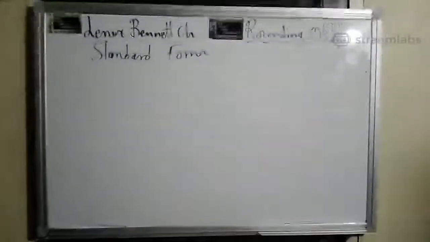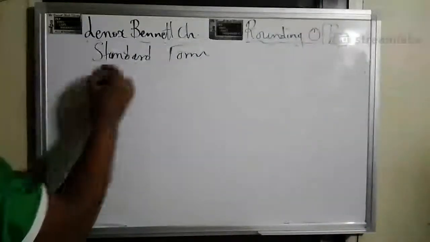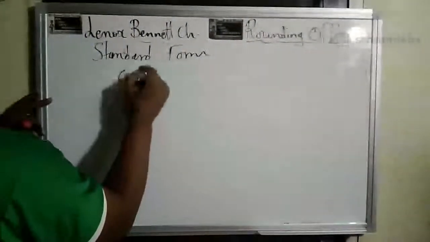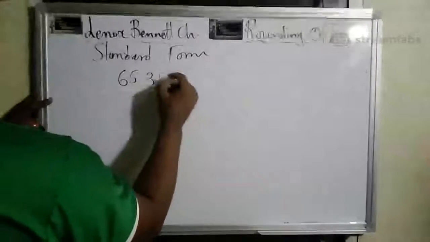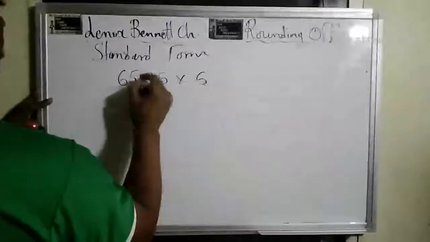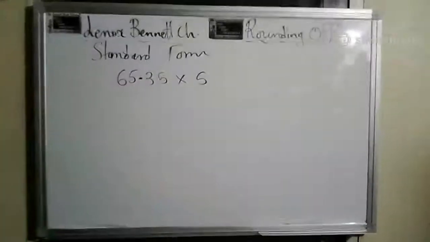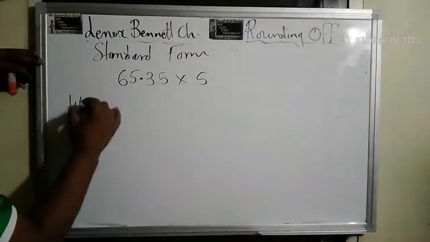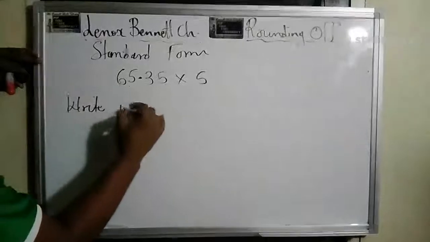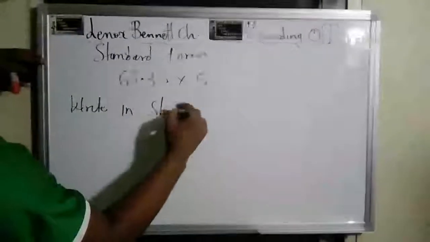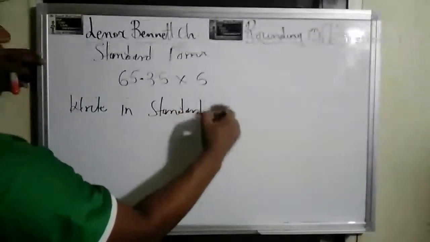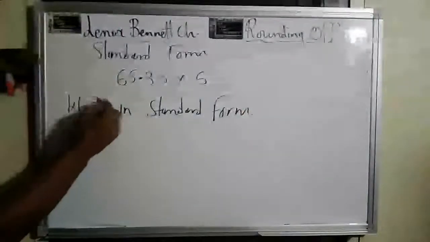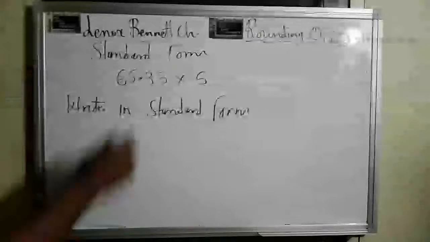Let us look at, say we had 65.35 times 5, and they ask us to write it in standard form. What we simply do is find the product.